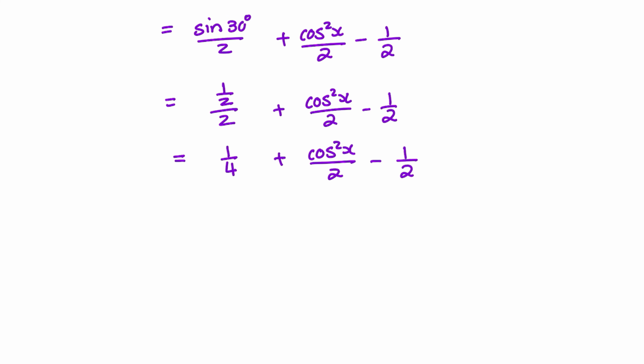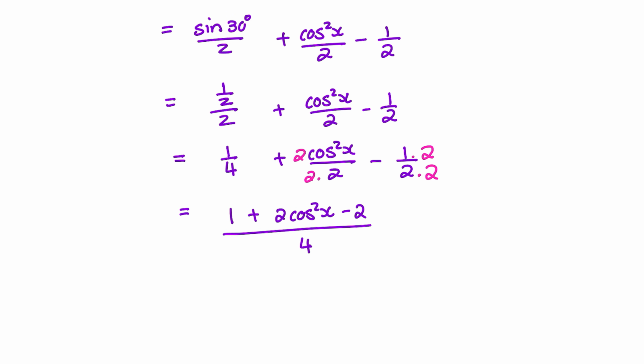And what I want to do is create the same denominator again. So the second term, I'll multiply by 2 at the top and the bottom. And the third term, I'll also multiply by 2 at the top and the bottom to create a common denominator of 4. So when I put it all back together, I have 1 plus 2 cos squared x minus 2 over 4.